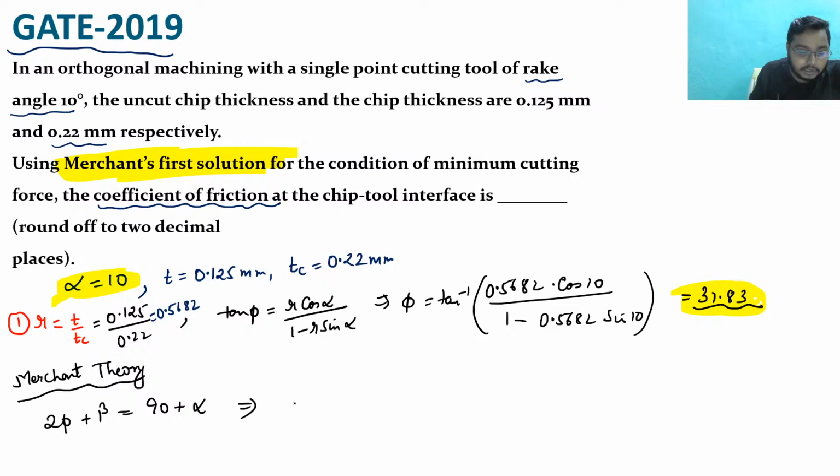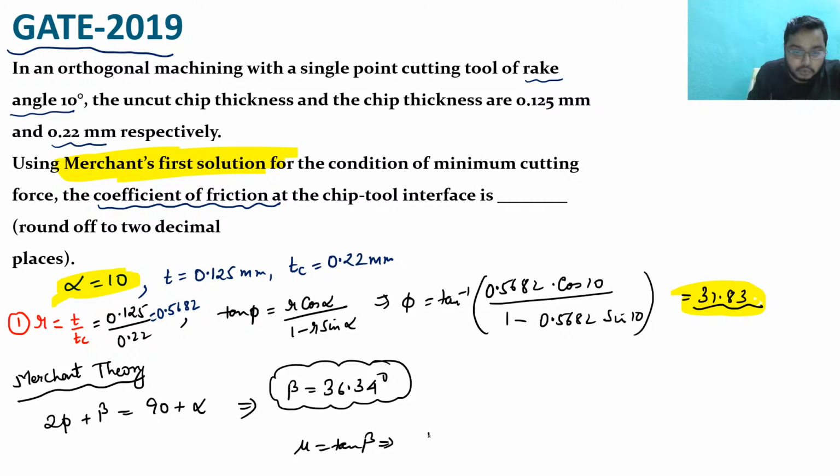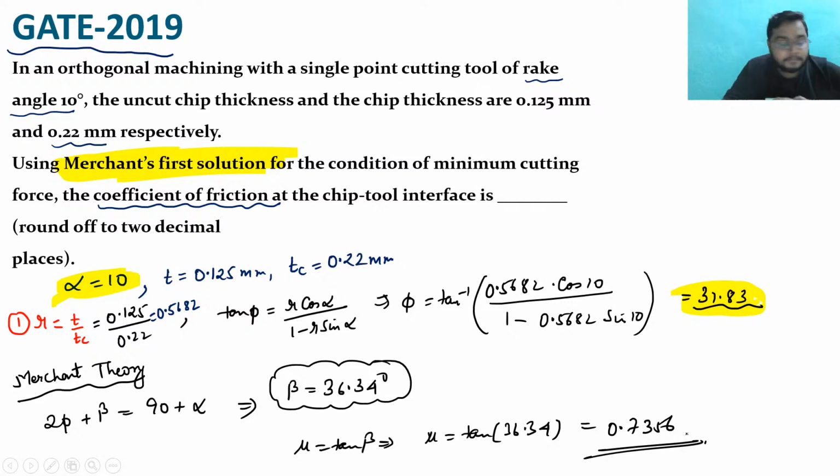So from here you will get the value of beta, right? You just put the values and you will get beta as 36.34 degrees, and mu is equal to tan beta, right? So mu is equal to tan of 36.34, which is nothing but 0.7356. Clear?